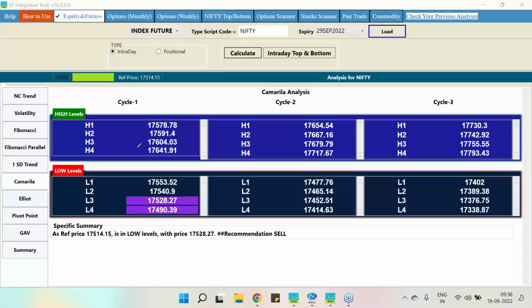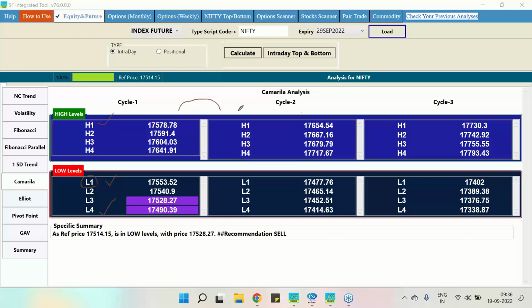Someone selling at L1 is happy that he can get till L4, and his stop loss will be H1. Someone selling at L4 also has H1 as stop loss, but what will be his targets? That ambiguity was present in the Camarilla system.